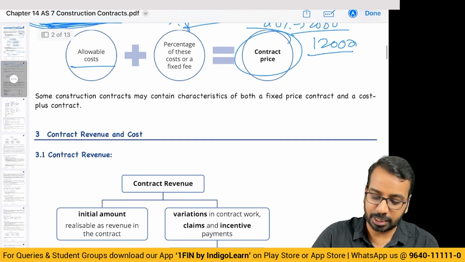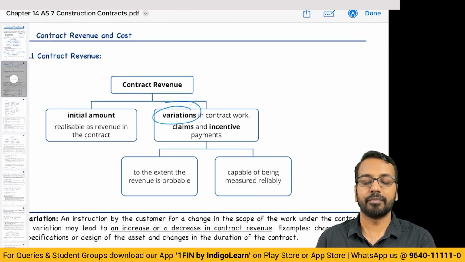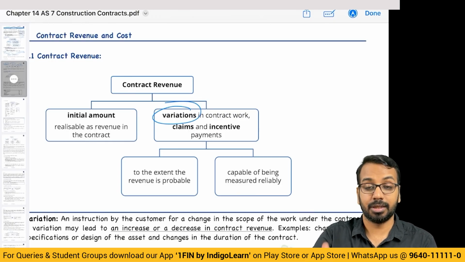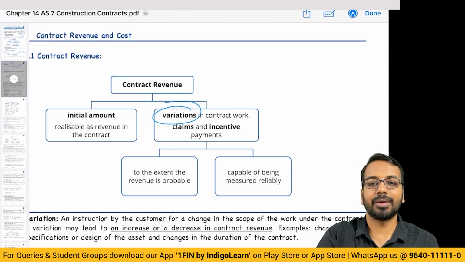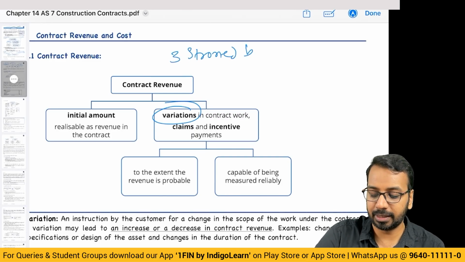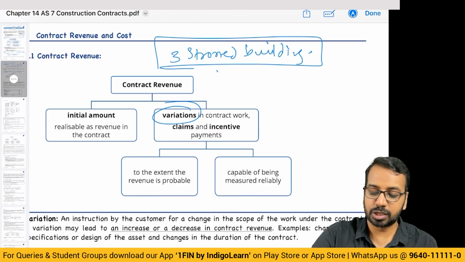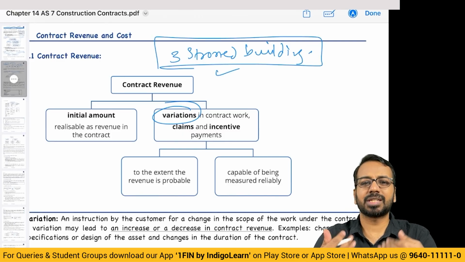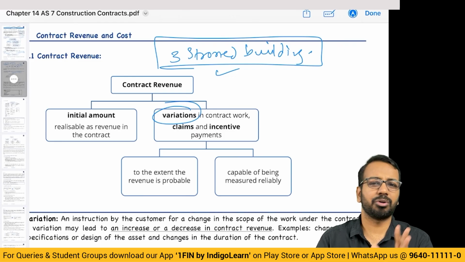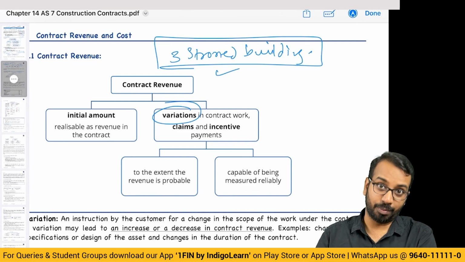Now, there is one more aspect that we need to understand, which is called variations. Variation means, let us say, first you and I agreed that I will construct a 3-storied building. Okay, this is what you have initially agreed. As we started constructing, you also realize that we can add one more floor or half a floor as maybe a terrace clubhouse or something like that.